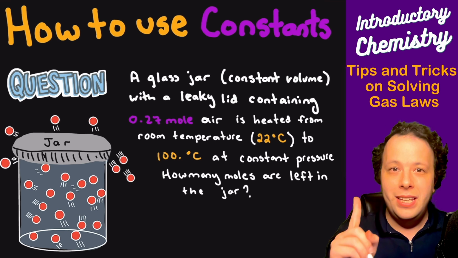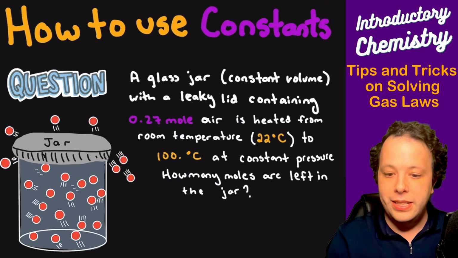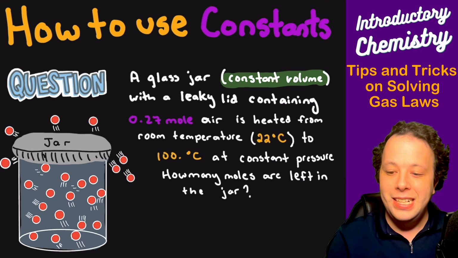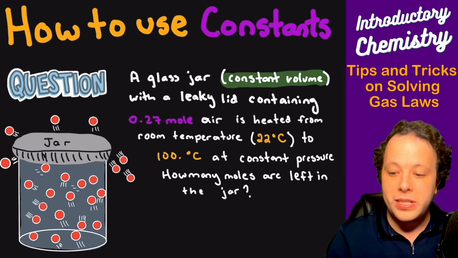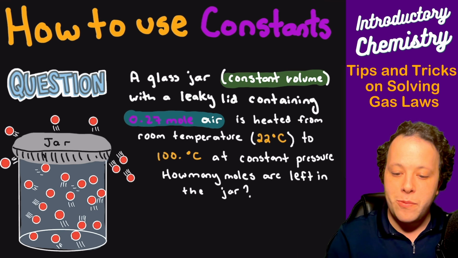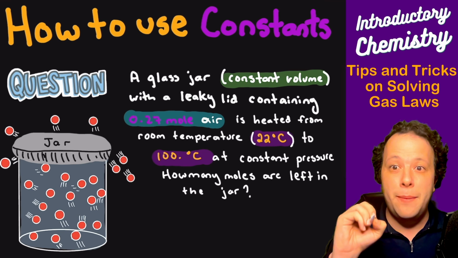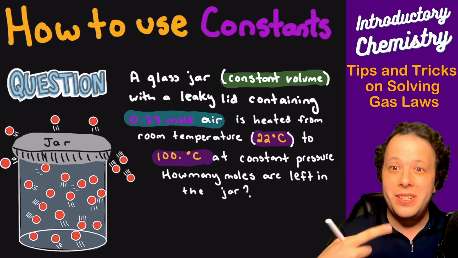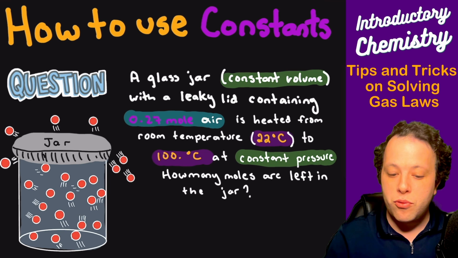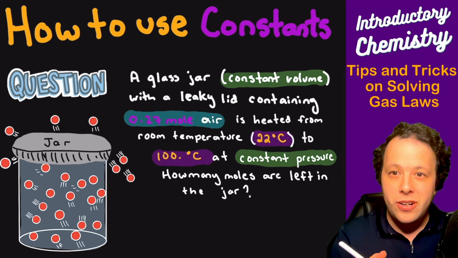If we have a glass jar at a constant volume, so keep that in mind, with a leaky lid, and it contains 0.27 moles of air, and this is going to be heated from room temperature to 100 degrees C. That comment of heating tells you the temperature is going to go up. It also says that you have a constant pressure, so pressure's not changing. How many moles are left in your jar?